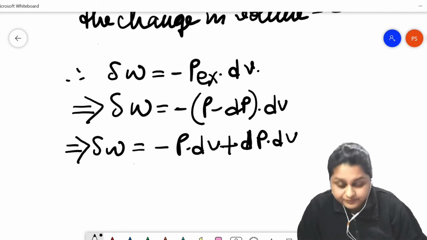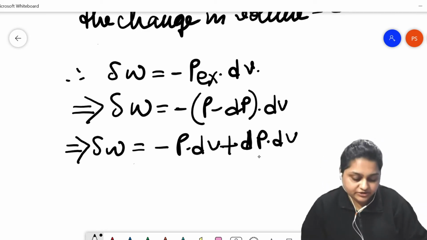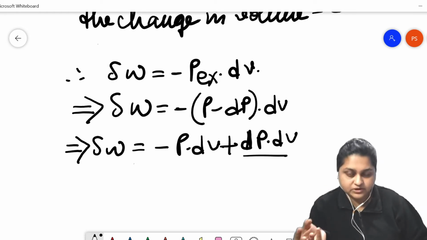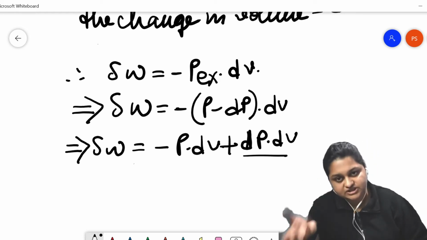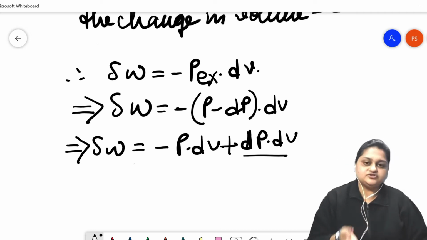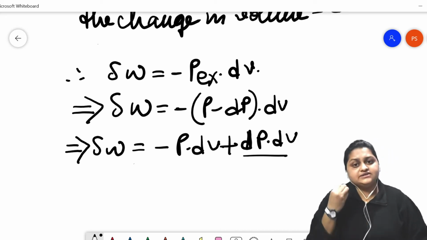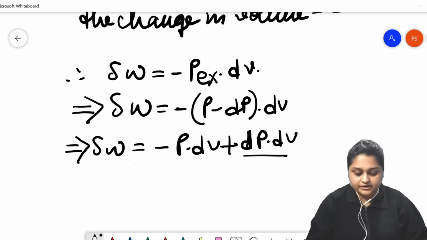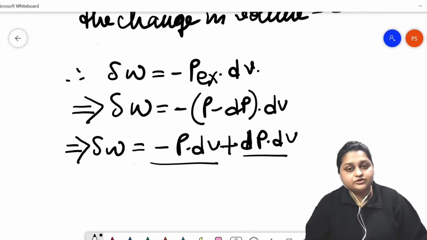Now this dP into dV product is an infinitely small value, because both these changes, the change in pressure dP and the change in volume dV, are infinitely small quantities. So the product itself is a very small quantity compared to this minus P into dV value.